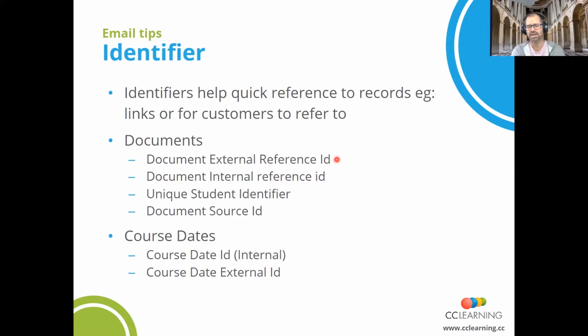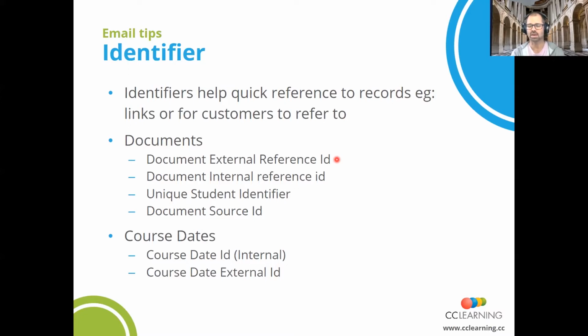You've got some others that are generated outside of Course Sales but can be inputted into Course Sales. So this unique student identifier can be used. Also the document source ID. The document source ID is something that's used if you happen to be connected to Moodle or some other learning management system.